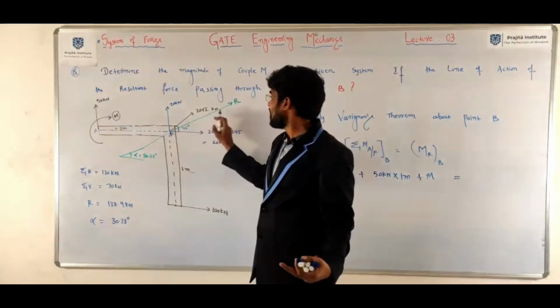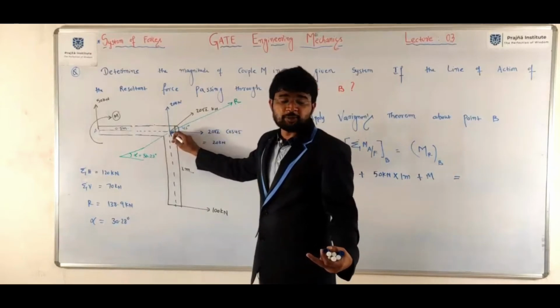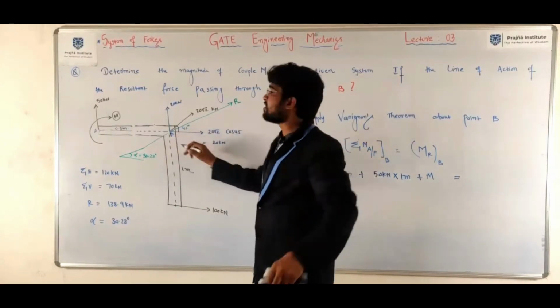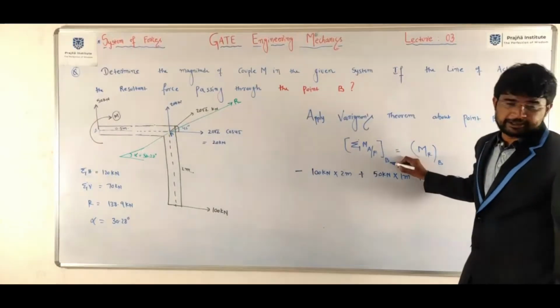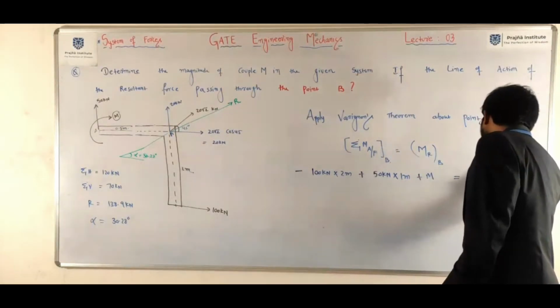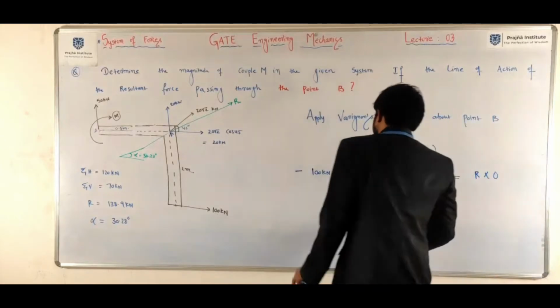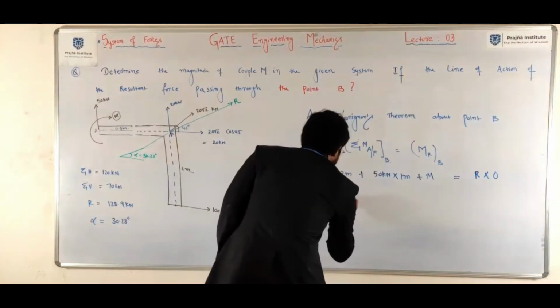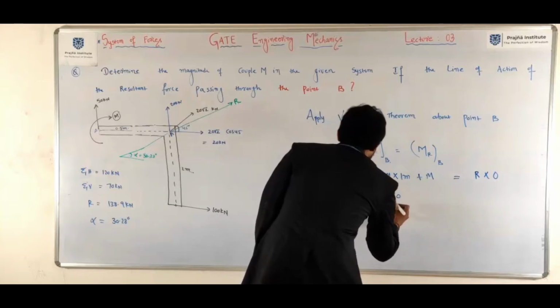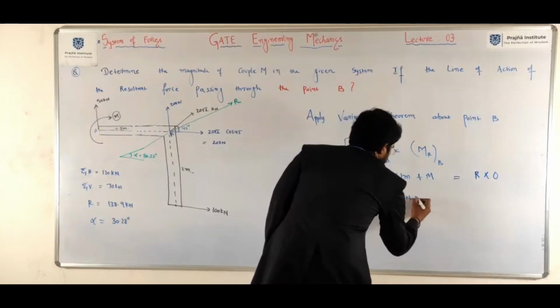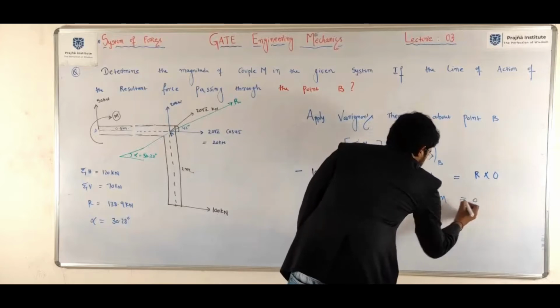Since the line of action of the resultant force passes through point B, its moment about point B is equal to 0. That is why I applied Varignon's theorem about point B. So here R into 0. Now finally, minus 200 kilonewton meter plus 50 kilonewton meter plus couple M equal to 0.